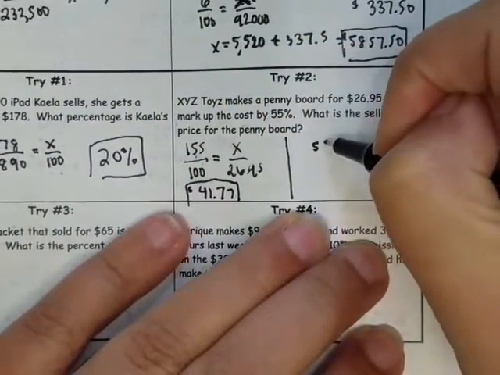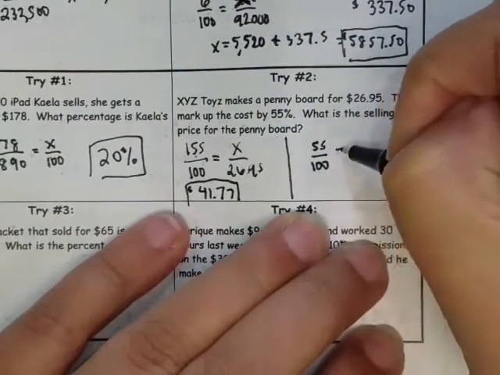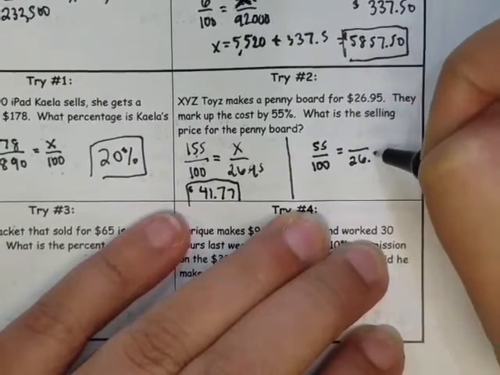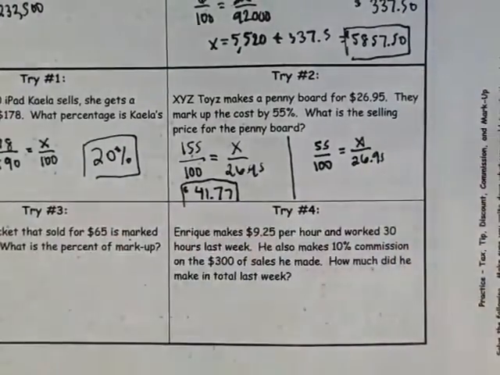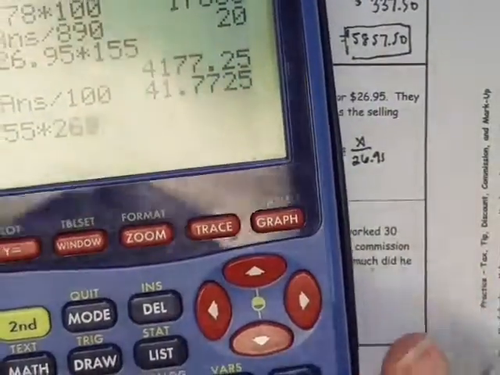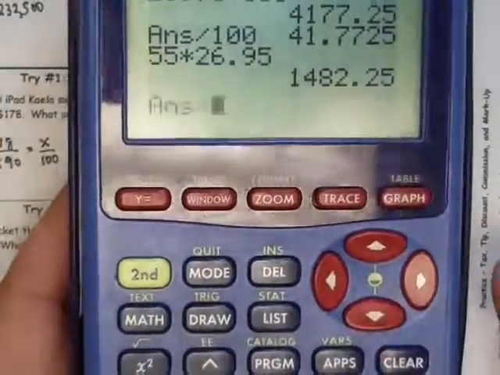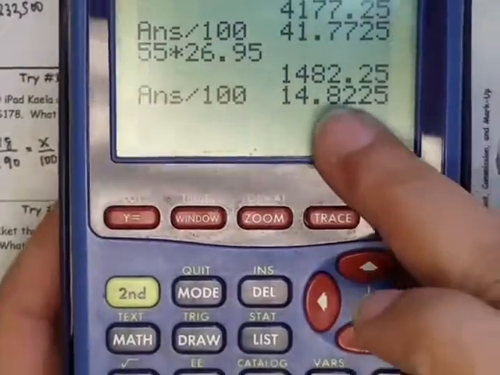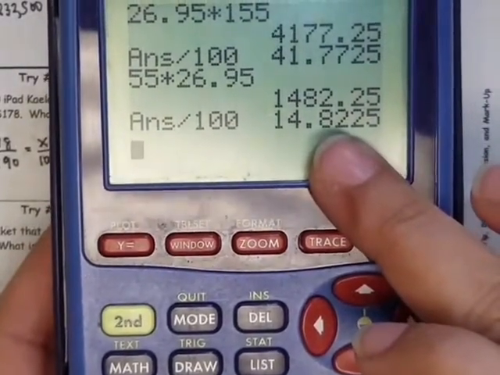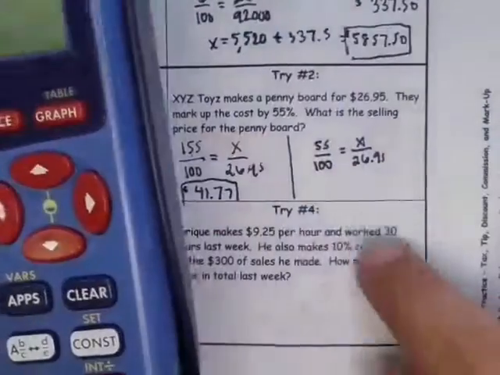Find 55% of $26.95. So 55 times $26.95 divided by 100. So that's how much we're going to add to the board. So $14.82.